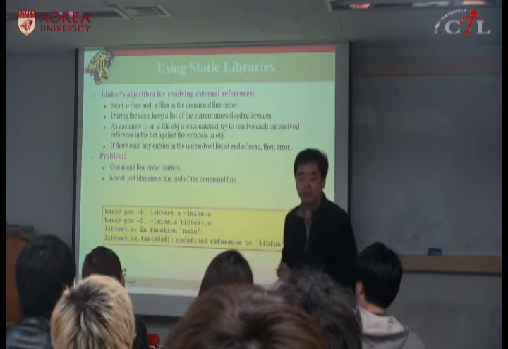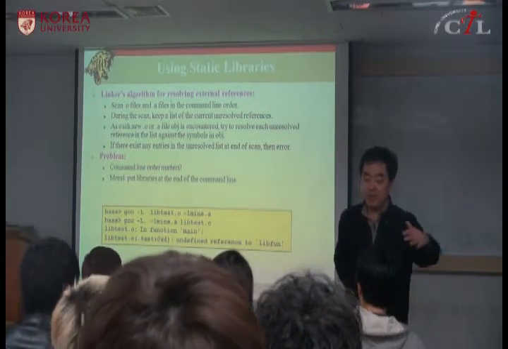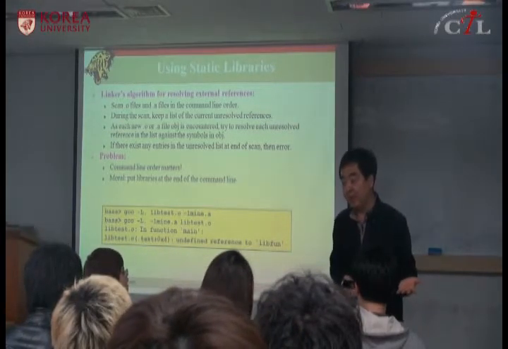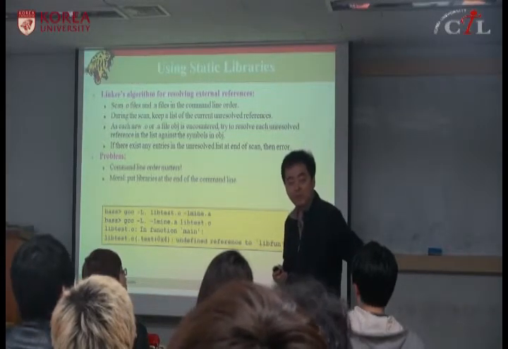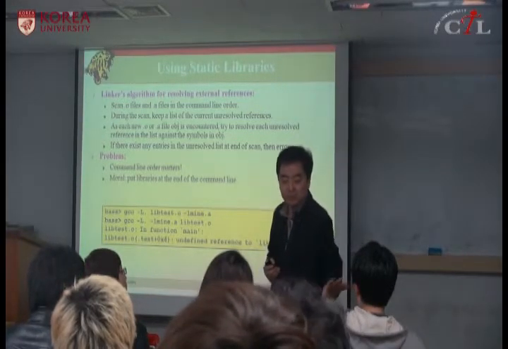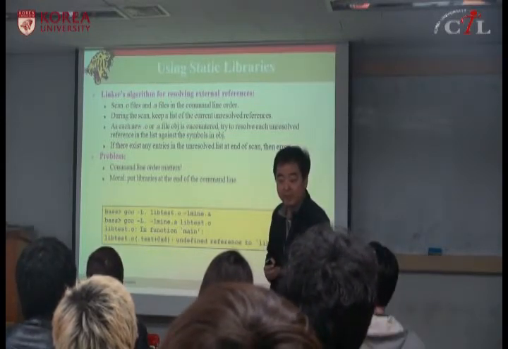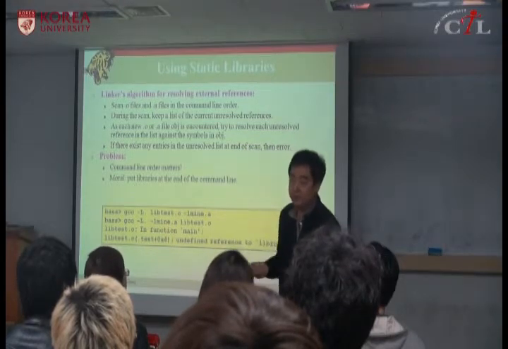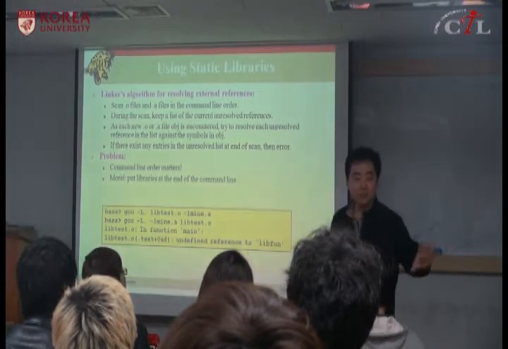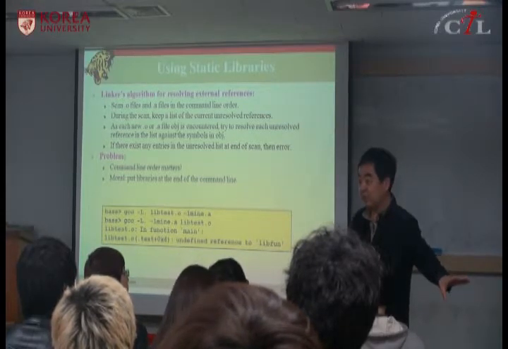But if you put the library at the beginning, the library itself might be fine, standalone. But after you scan the library, you go to m.o, which uses printf, but printf is not defined yet. You look at a.o, and there is no definition of printf. So there is a link error, even though printf is defined in the first argument, which is the standard C library.